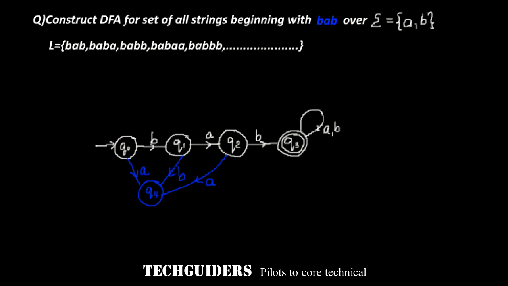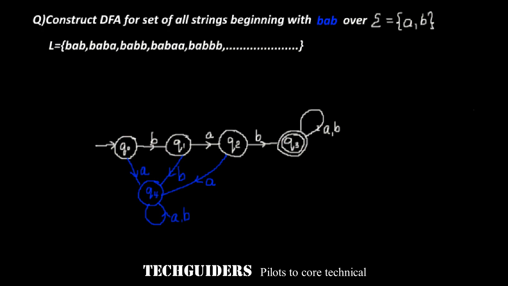Such strings are also to be rejected, so move to the dead state or the trap state Q4. So state Q4 actually remembers that the string has not begun with BAB. So if the following input symbols are A's or B's or their combinations, then let the machine remain in the same rejecting state Q4, remembering that the string has not begun with the substring BAB.